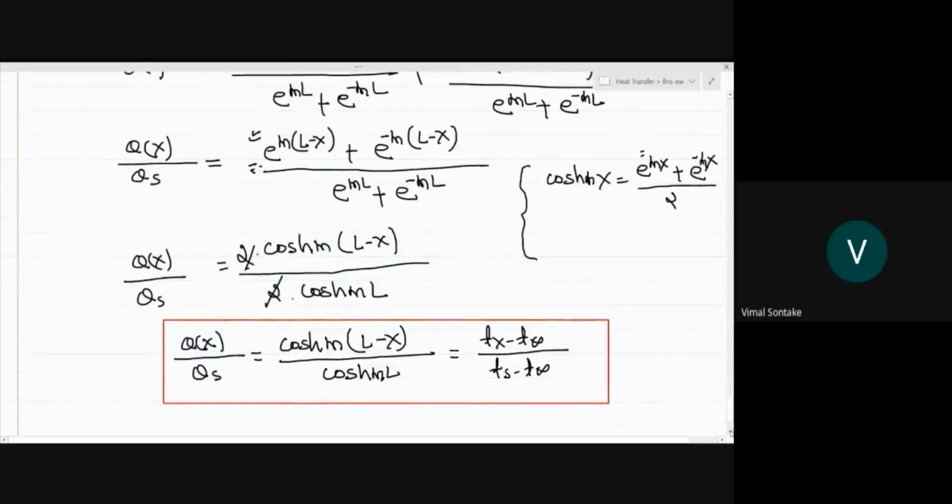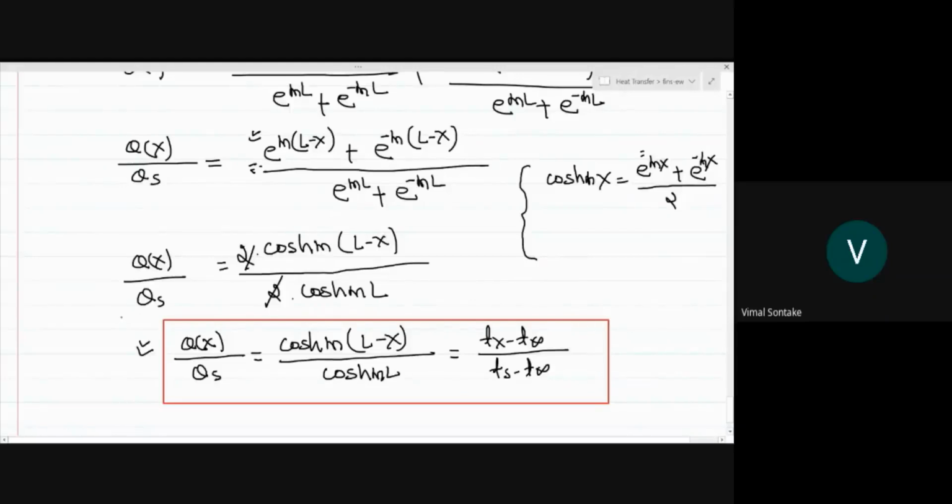Now a question comes to your mind. Is it necessary to remember all these formulae that we derived for case number 1 and case number 2? So you need not remember any formula. Neither the formula in terms of this ratio for case 1 or case 2, nor the formula for heat transfer rate by fin if it is infinitely long or if it is insulated tip. One more case is there. All these formulae are given in the data book.